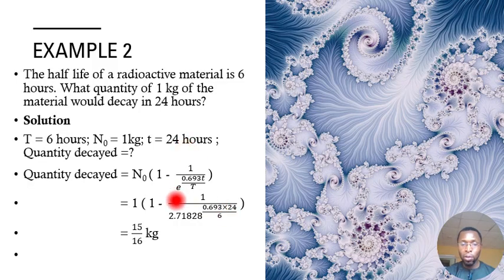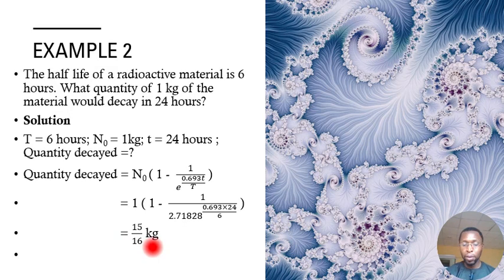This small letter e is known as Euler's constant, and its value is 2.71828. So when you simplify all of this carefully with the calculator, the quantity that decays is 15 over 16 kilogram.